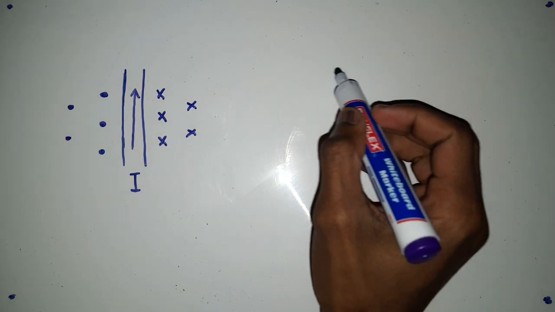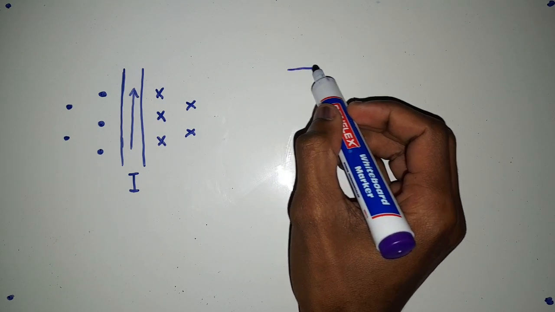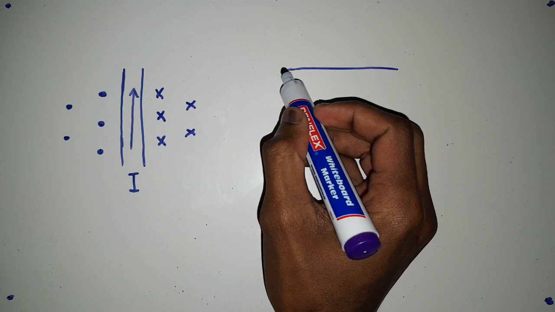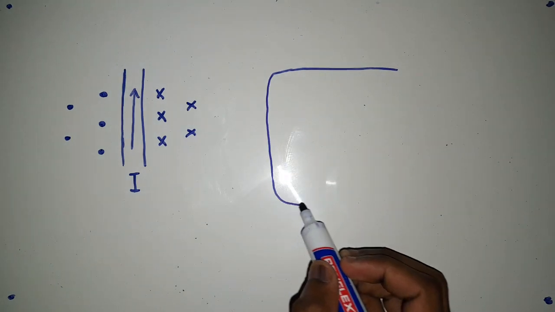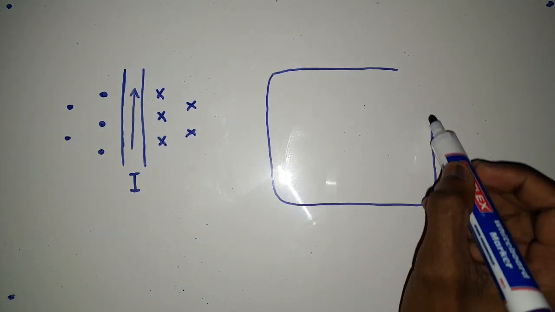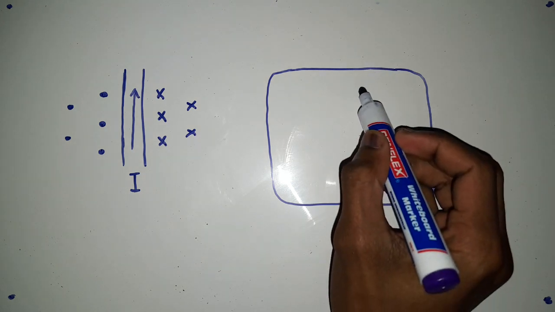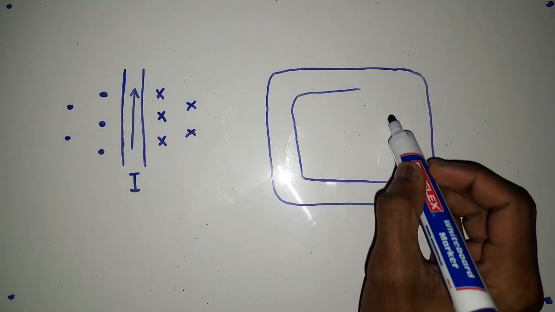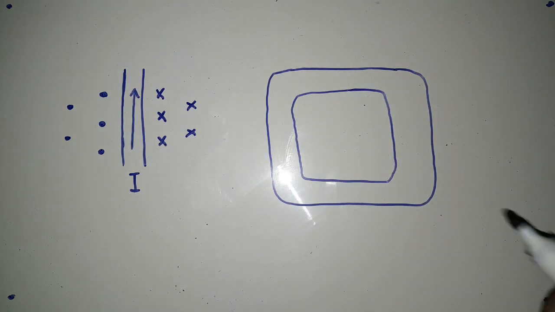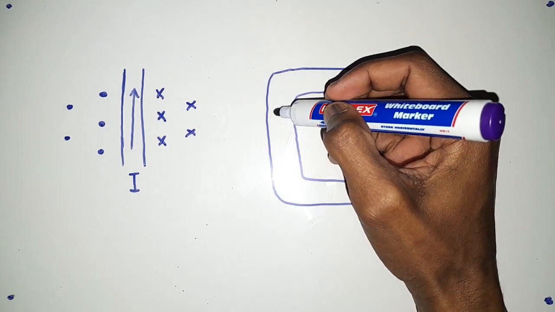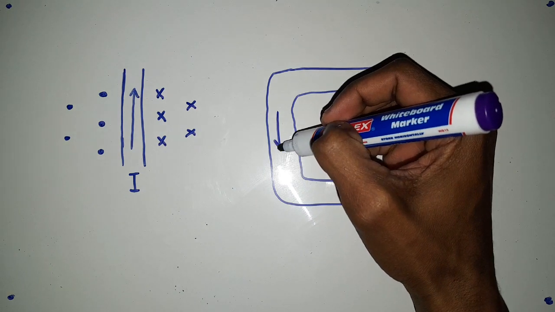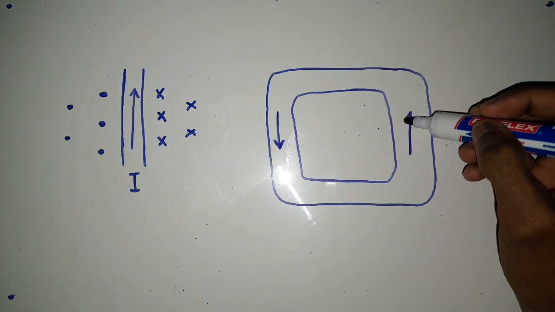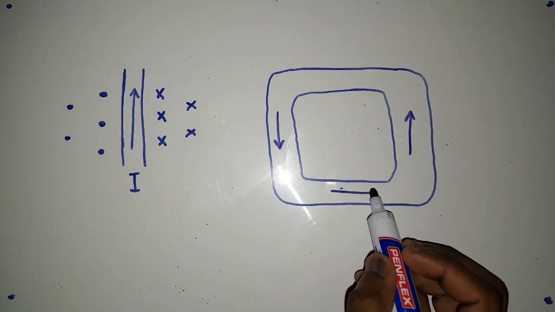Let's say I give you a loop like this, and the current is moving down this side and up this side, like this.